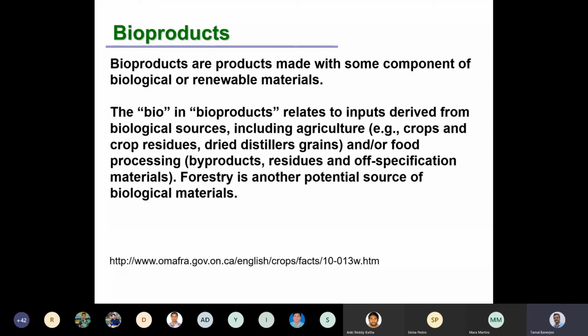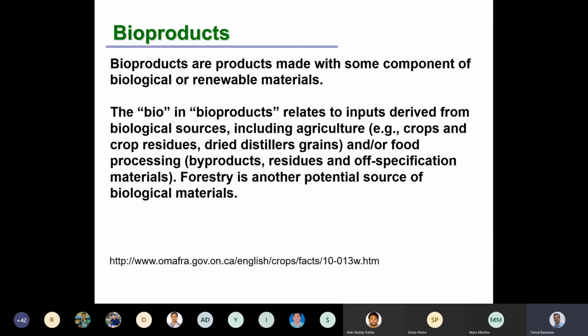First, what is bioproducts? Here a definition from the Canadian government: bioproducts are products made with some components of biological or renewable materials. The bio relates to inputs derived from biological sources, including agriculture, for example, crops and crop residues, dried distilled grains, and food processing byproducts, residues, and off-specification materials.